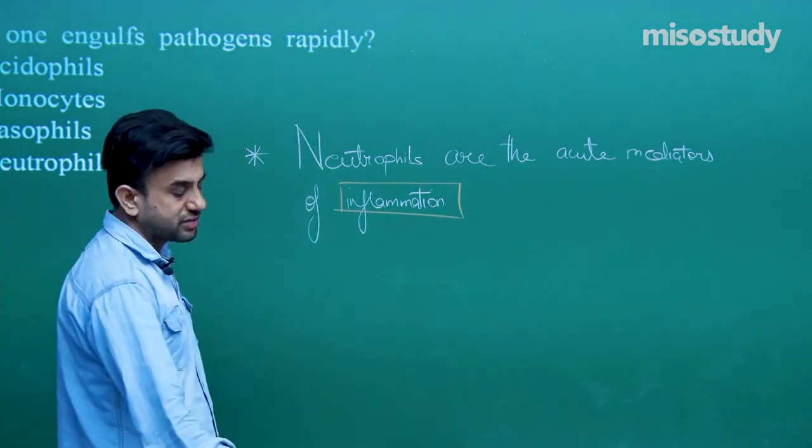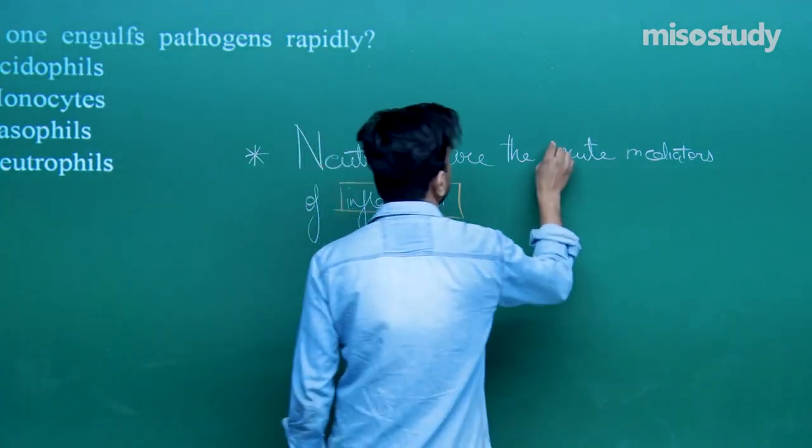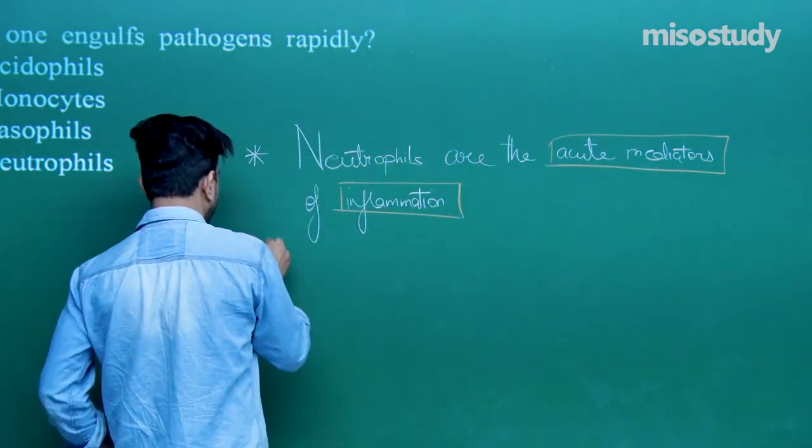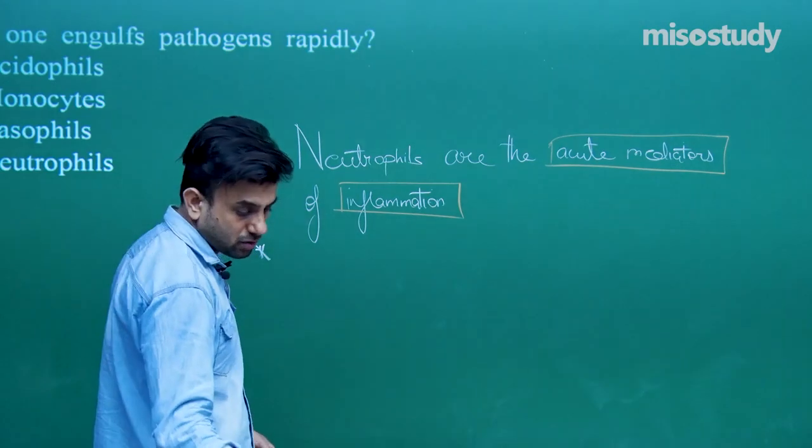Okay, so what we see here is that neutrophils are the acute mediators of inflammation.